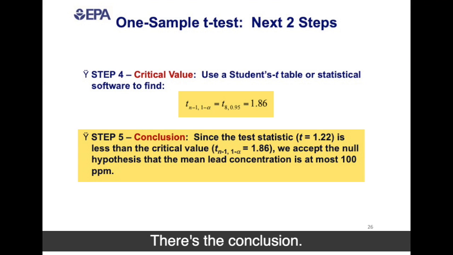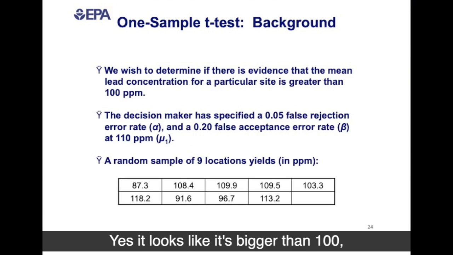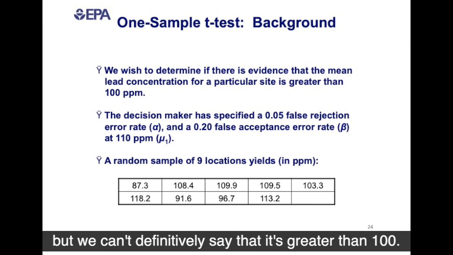And there's the conclusion. Since our t-value was not bigger than that, we keep the null hypothesis. In other words, we have not proven that that site is bigger than 100. Yes, it looks like it's bigger than 100, but we can't definitively say that it's greater than 100.